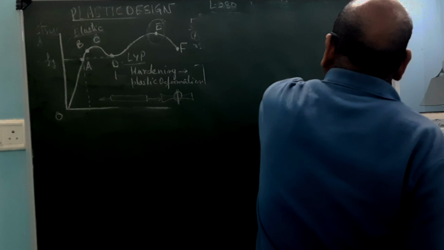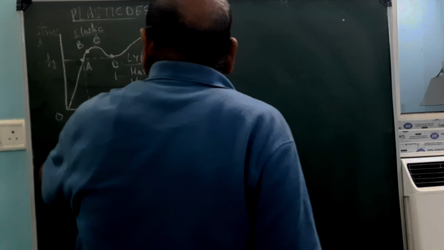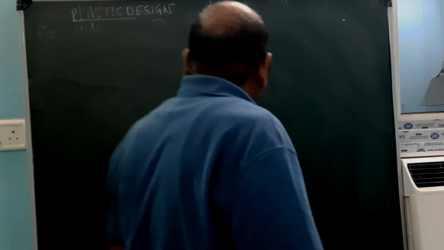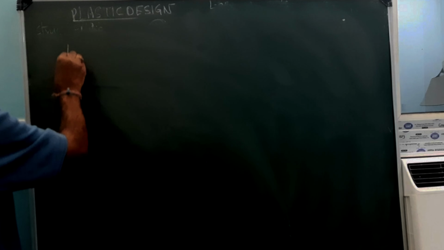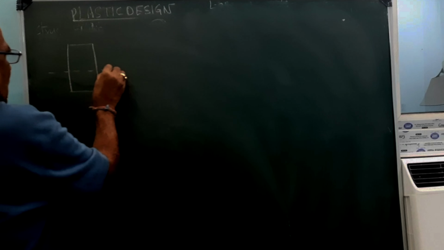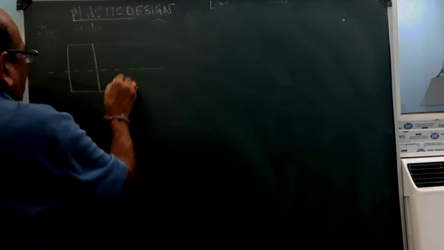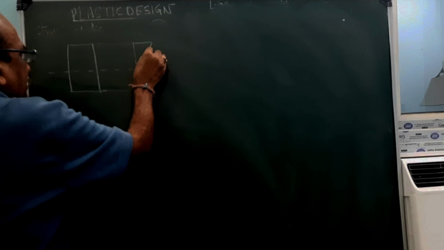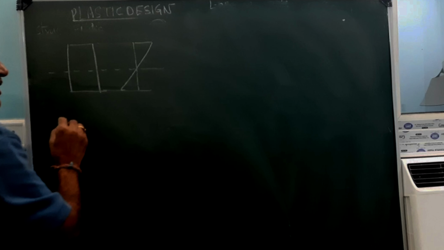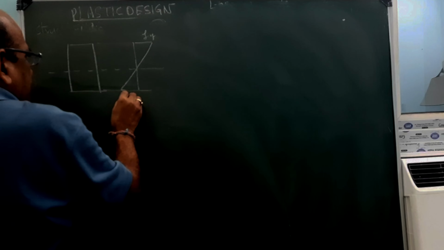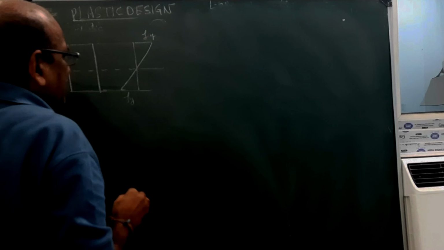इसको समझने की कोशिश करें हम लोग, कैसे करेंगे देखते हैं। तो अगर मान लो आप कोई सेक्शन लो, suppose if you take any section something like this, a rectangle section is there. So elastic deformation will be something like that. This is your Fy maybe, and this is your Fy stress.